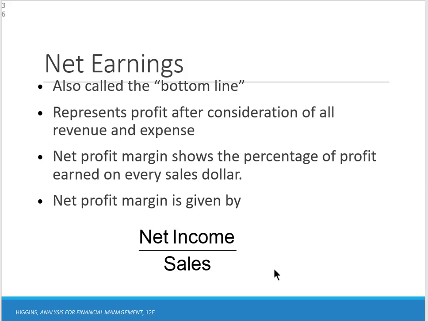Again, this just tells us how much of sales is left over at the bottom, right? It's the profit after we look at all revenue and all expenses. And it's a number that everybody refers to, but really as an analyst gives us very little information about the efficiency of the company. That's why this multi-step income statement is so important for us.